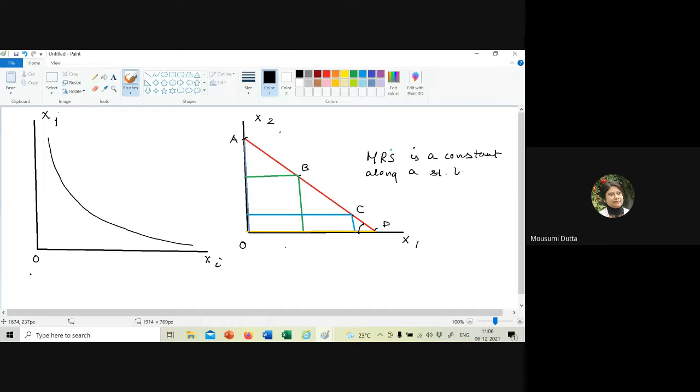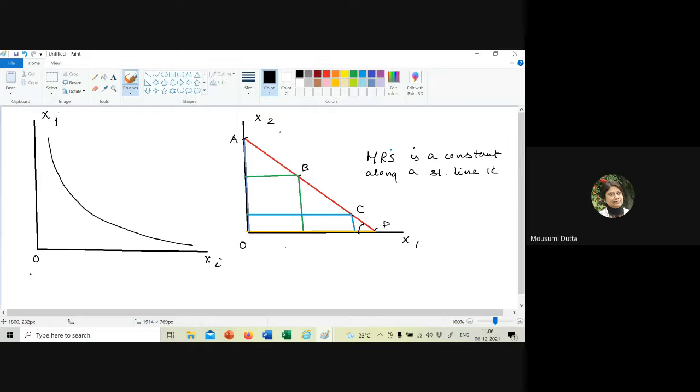Along a straight line, I see, MRS is not declining as we move from left to right along the curve. As I'm moving from A to B, B to C, and C to D, MRS remains fixed.